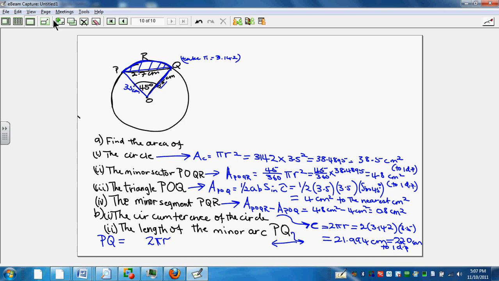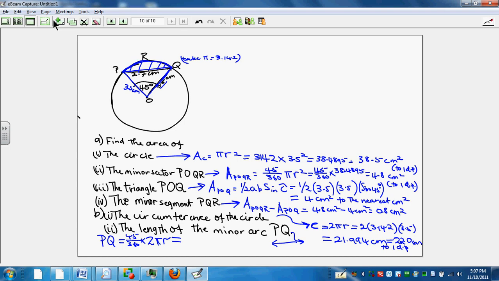What fraction? It will be 45 out of 360. So we use the same fraction, 45 out of 360, multiplied by 2 pi r. We got 2 pi r already. That is the circumference. We got that as 21.994 exactly.